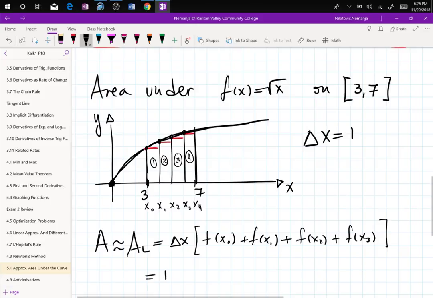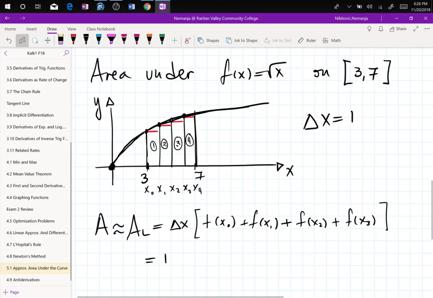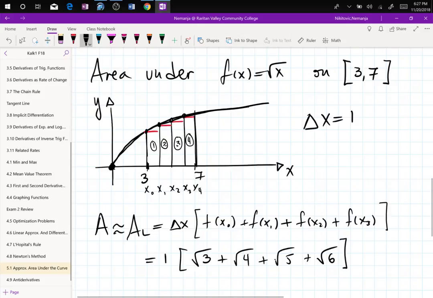So delta x is 1. And now, since I'm using a square root function, I see the x0 is 3. So all I need to do is to say square root of 3, plus square root of 4, plus square root of 5, and square root of 6, because you're labeled over here 4, 5, 6, and 7.